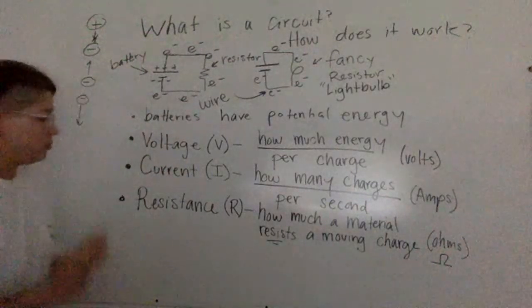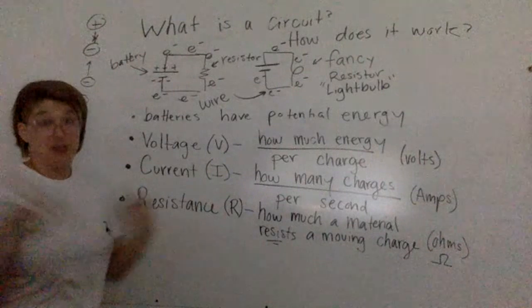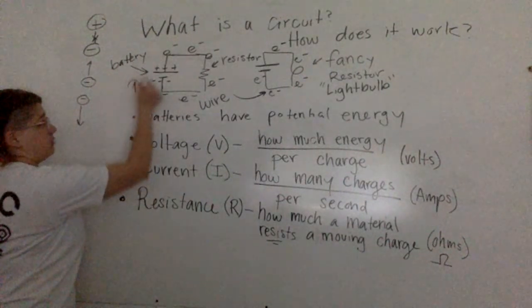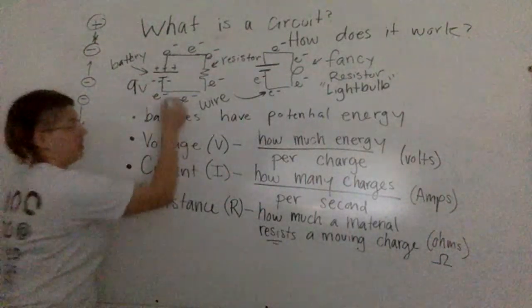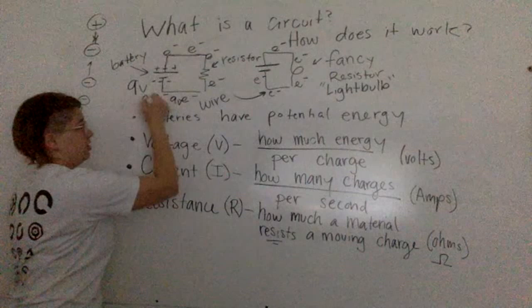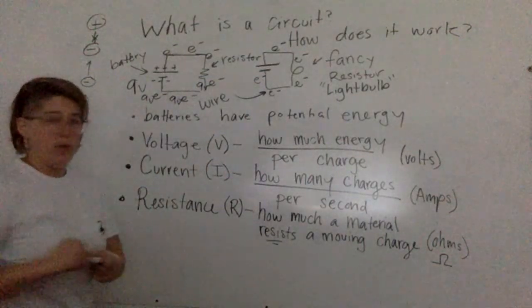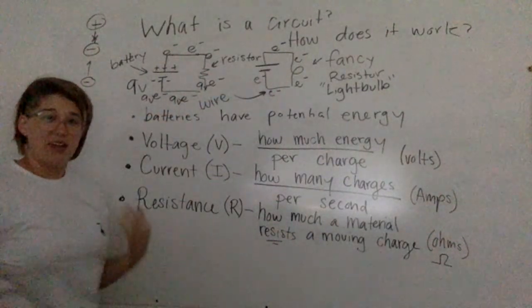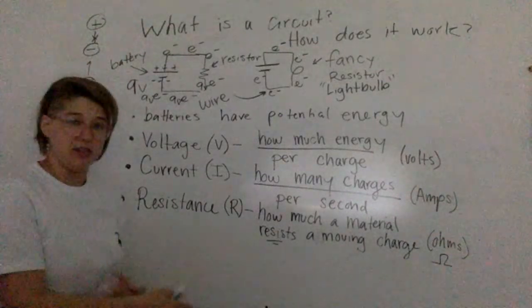Let's show this in action. Say I have a 9-volt battery, so each charge gets to carry 9 volts. But if I put an obstacle in the way, that electron has to expend its energy to get through it.